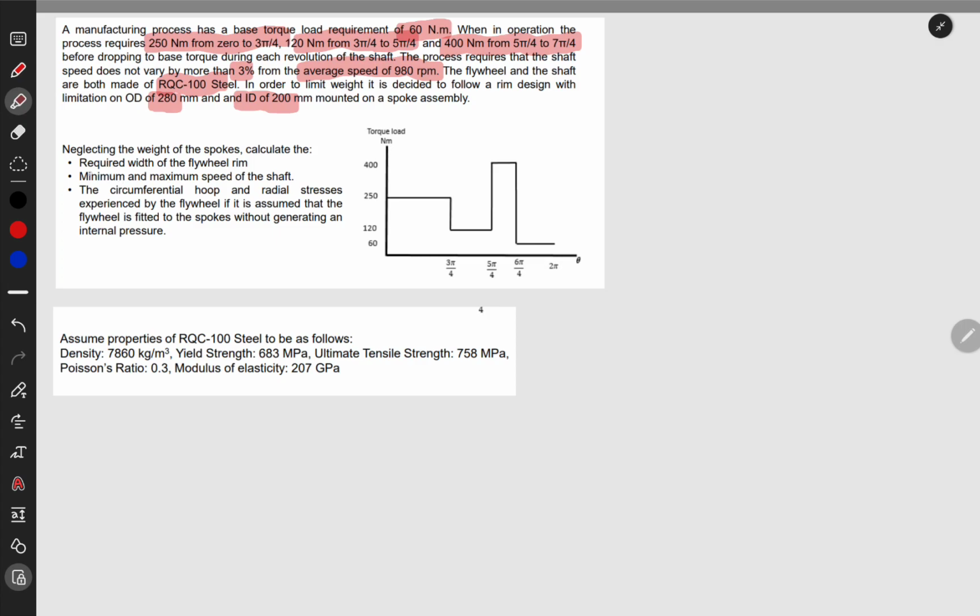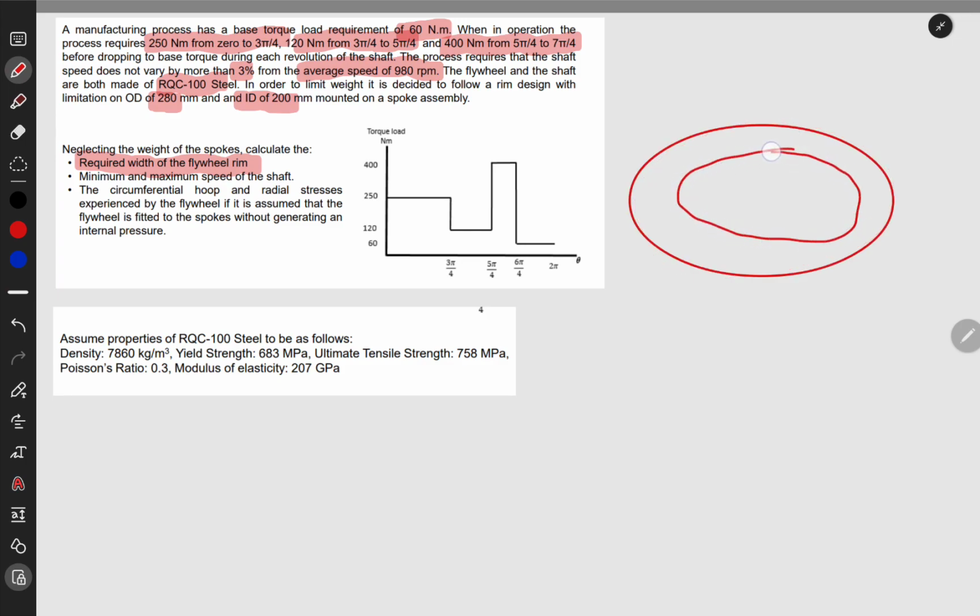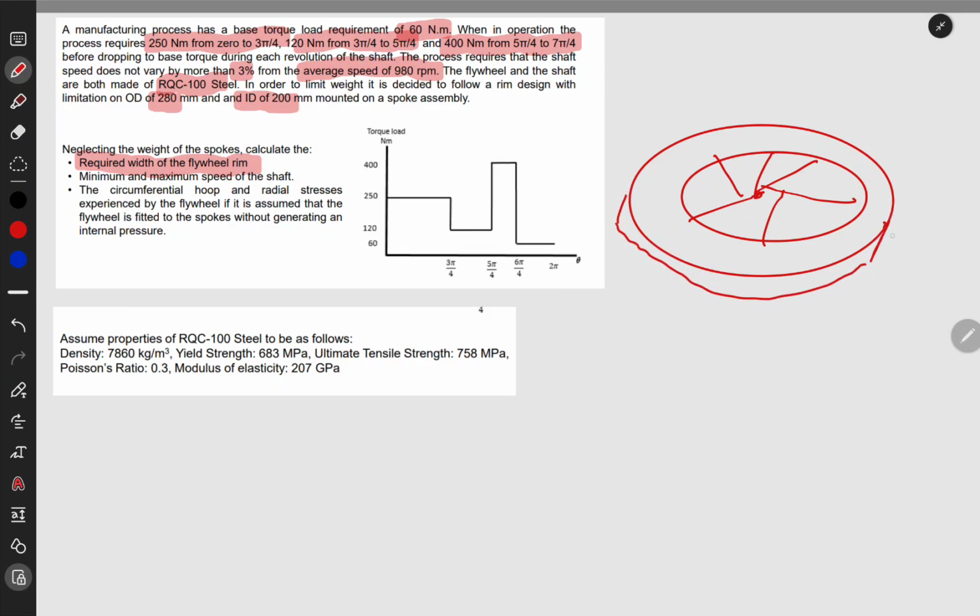So it's required to calculate the width of the rim. I assume if this is a flywheel we are designing, it has an opening and some spokes like your bicycle wheel. We're supposed to determine how thick it actually is.